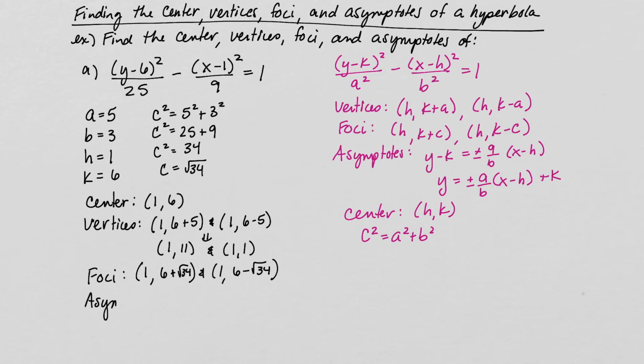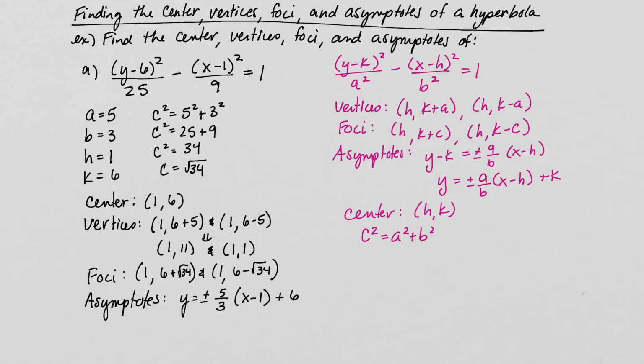And then the asymptotes are going to be y equals plus or minus a over b, so 5 over 3, times (x minus h), so x minus 1, plus k, so plus 6.